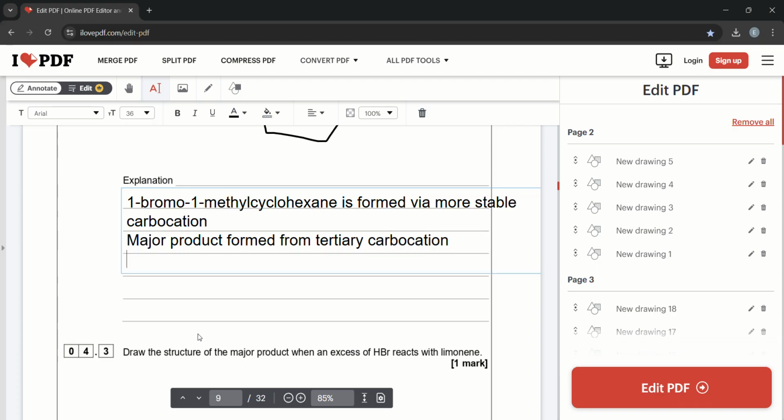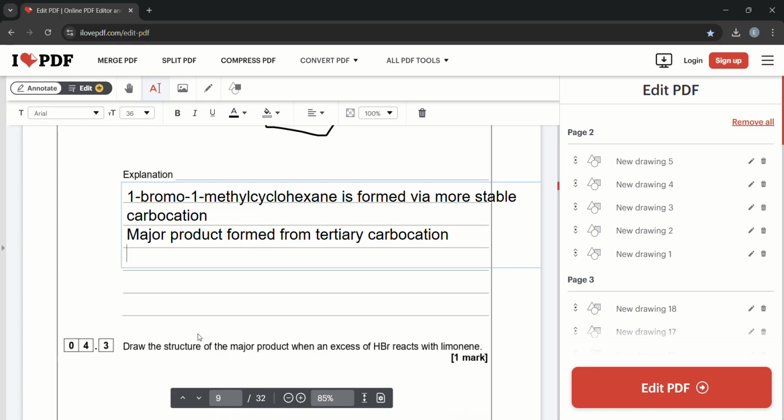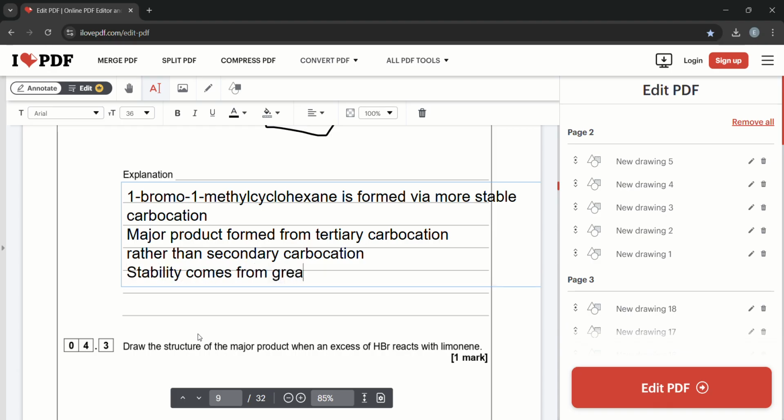I might make a video on how to identify this using the cyclic structures, because I struggle with it a lot. Maybe you guys do as well. So it's formed via a tertiary rather than a secondary carbocation, and the stability comes from the greater positive inductive effect as there are more alkyl groups.